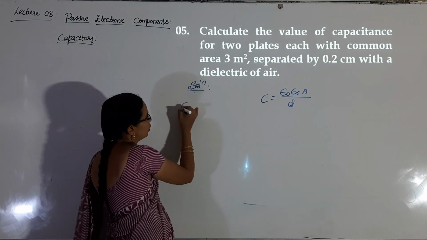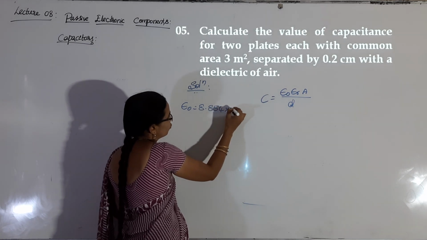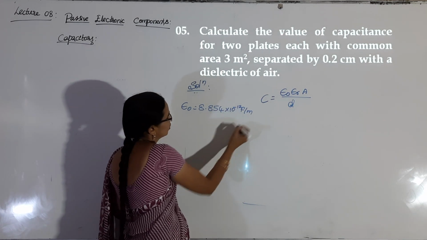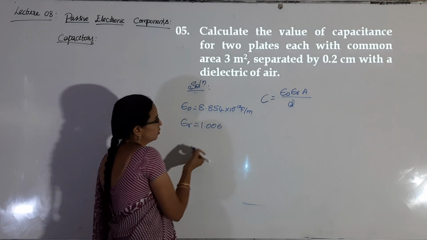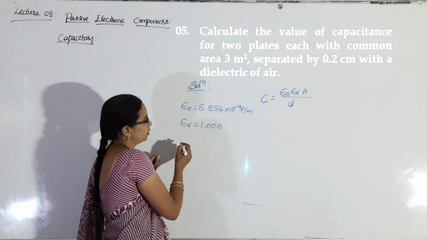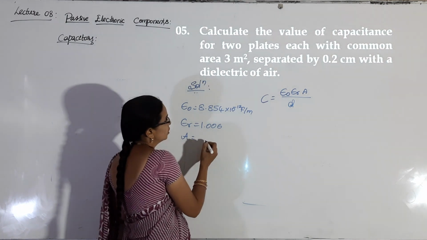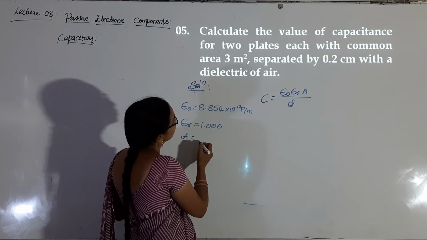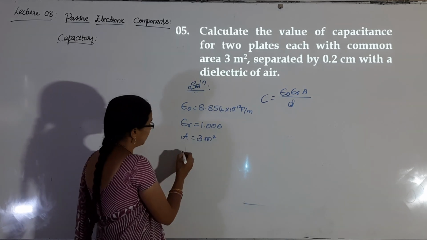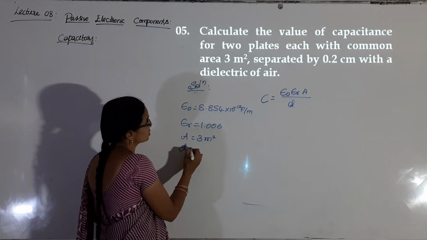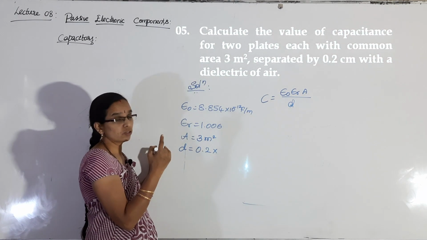So epsilon naught we know is 8.854 into 10 to the power of minus 12 farad per meter. Epsilon R is equal to 1.006 or 1, and common area is 3 meters square. The distance between the plates, that is 0.2, is in centimeter, not in meter.